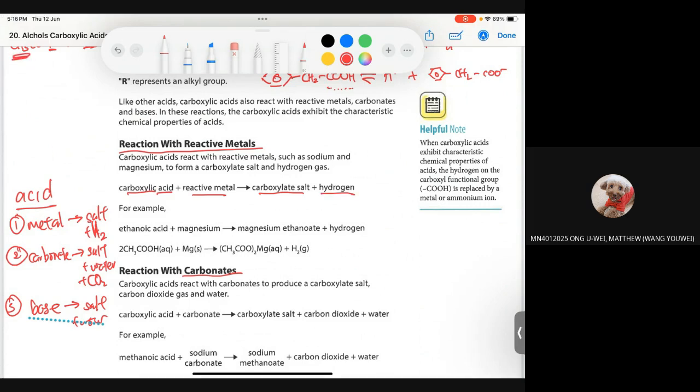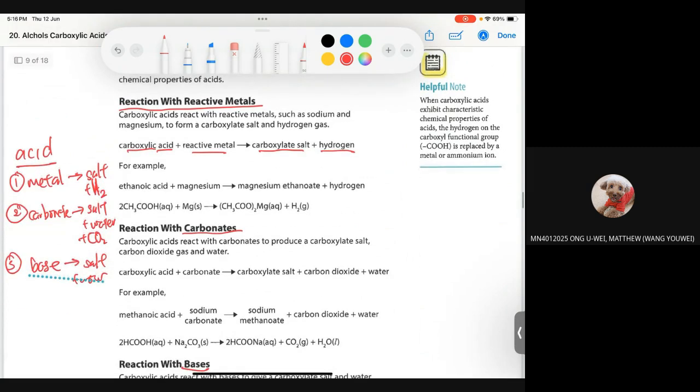Now, the naming of the salt, I need you to be able to do it. So let's take a look carefully. Magnesium plus ethanoic acid. If I use ethanoic acid, my salt will be called magnesium ethanoate. Okay, magnesium ethanoate. Then I'll also get my hydrogen gas produced.